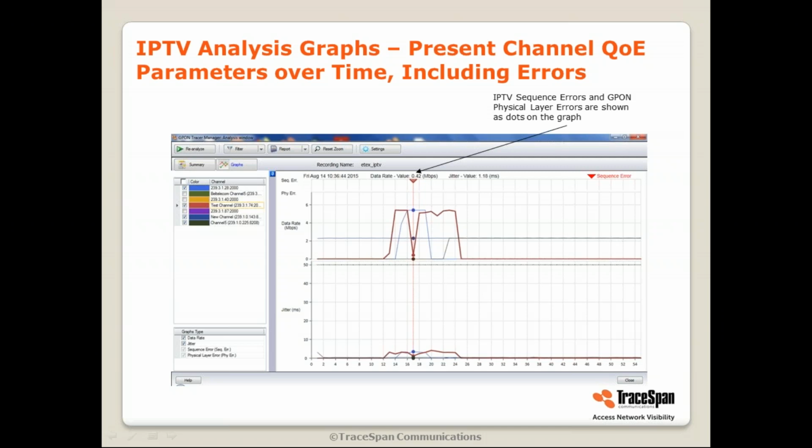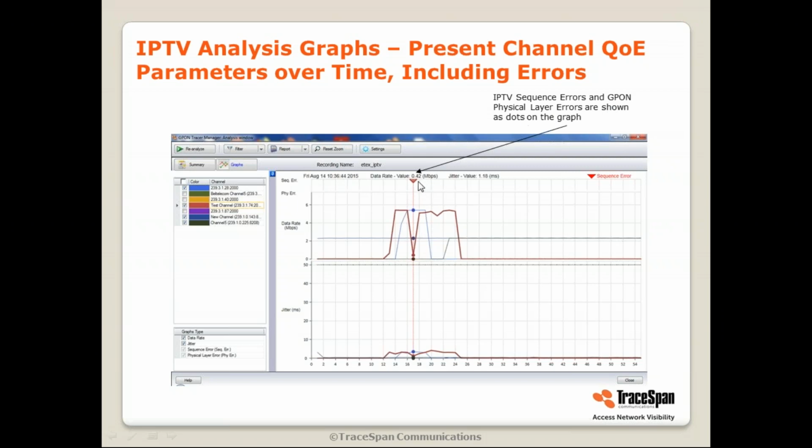And then you also have the option to look at graphs showing you what each of the channels looked like during the measurement period. What you have here is the data rate, the jitter, and some errors. In this example, you're seeing that this channel had a drop. I mean, the transmission stopped momentarily at this point in time. At the same time, you're also seeing the sequence error on this graph.